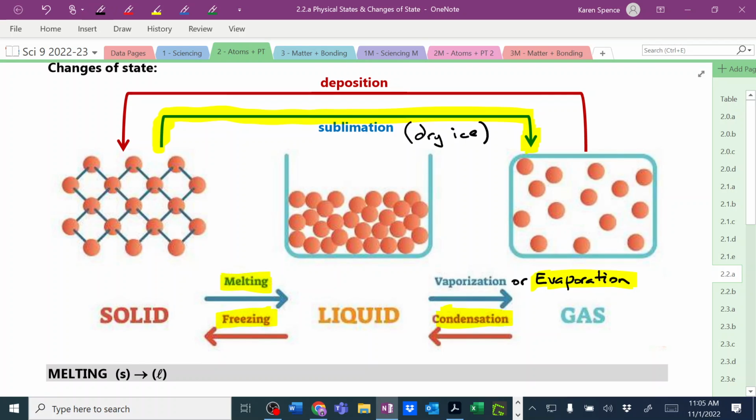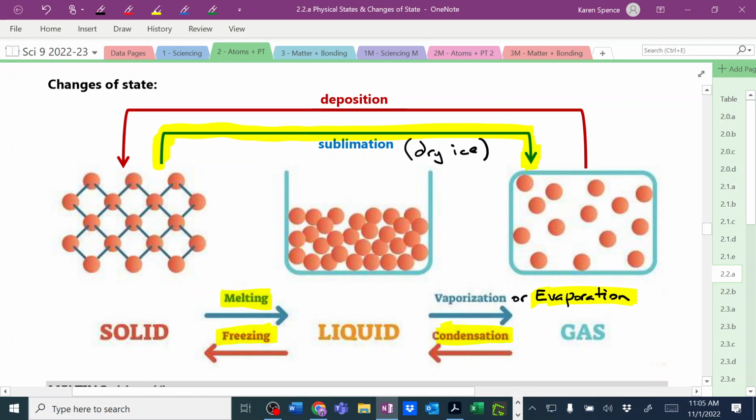Going backwards, the gas deposits as a solid. So we call it deposition because the solid deposits. So gas to solid. Okay, that's called deposition. Sublimation is solid to gas.